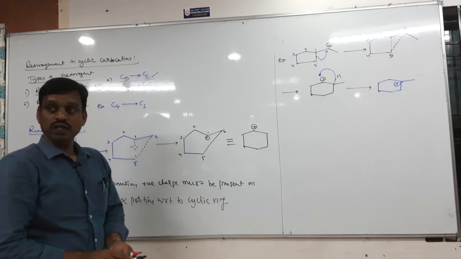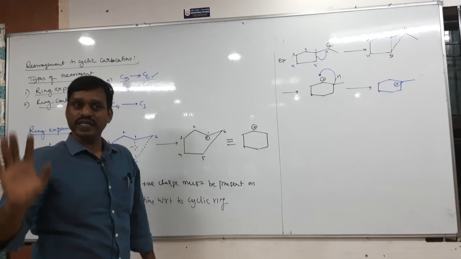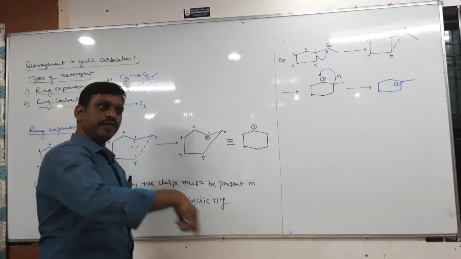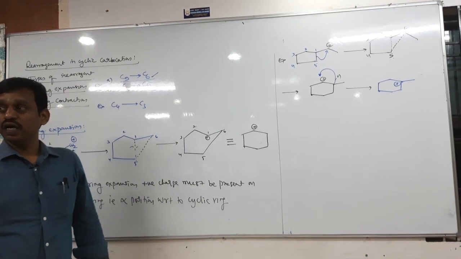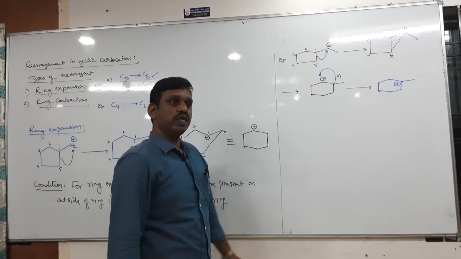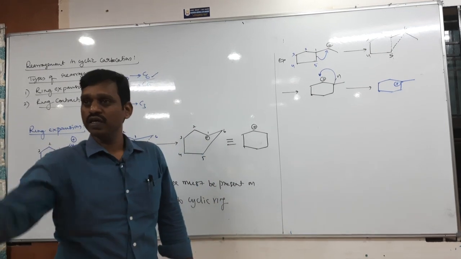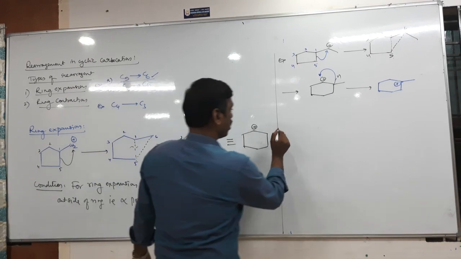You may have a doubt how far it takes place. Primary to secondary, secondary to tertiary, tertiary to benzylic, allylic, like this. Rearrangement goes on until it gets the most stable carbocation. You need not have any restriction to rearrangement.